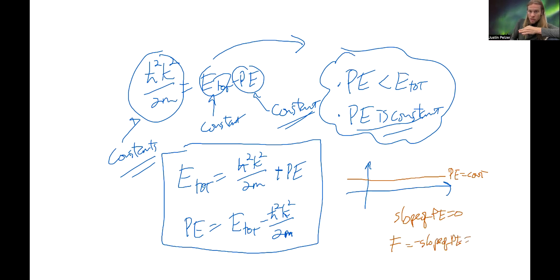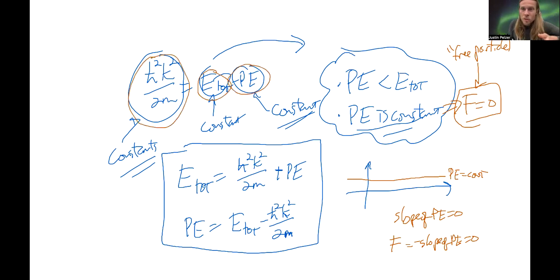So that means this is a force equals zero situation, which means a free particle. So this is constant by definition, and therefore this is constant. And if we wanted to solve for one or the other, we would have to know some other information. This is a very general thing.